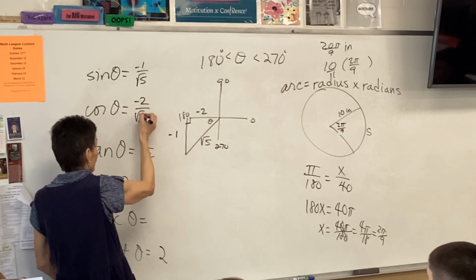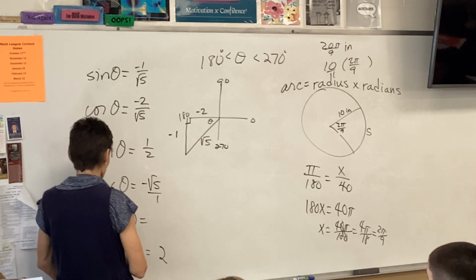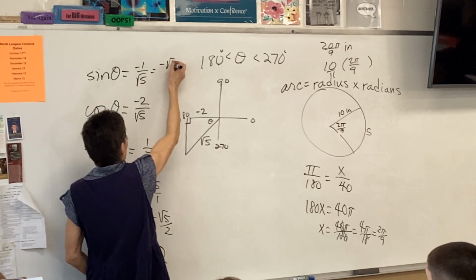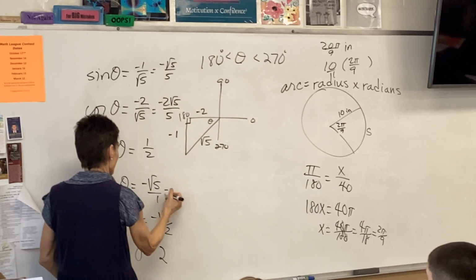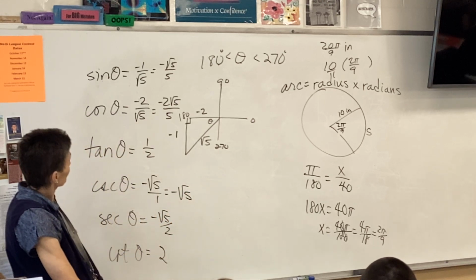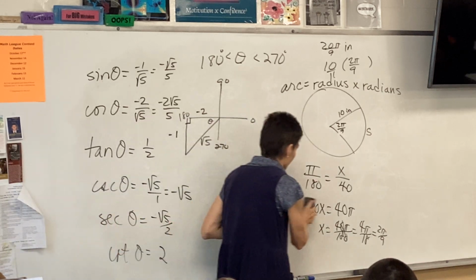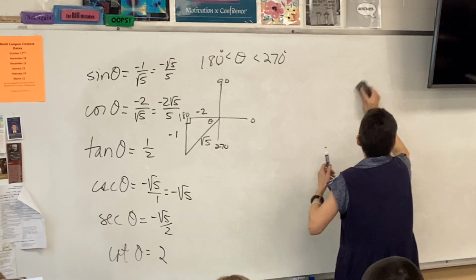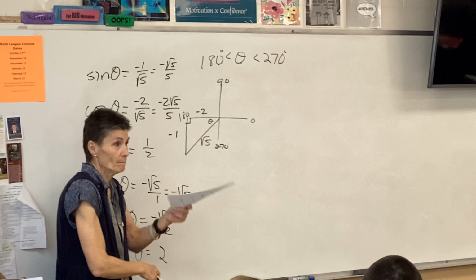Cosine is adjacent over hypotenuse. Cosecant is the reciprocal of the sine. And secant is the reciprocal of the cosine. So then I'll go back and clean it up so my answers are presentable. Okay?